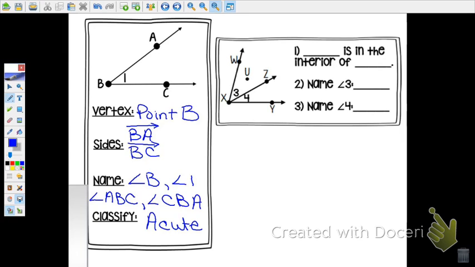So when we look at our diagram, I see this point U that's just hanging out here in the middle. This point U is what we say is in the interior of an angle, and I'm going to name angle 3.